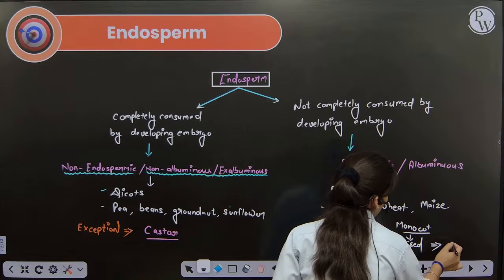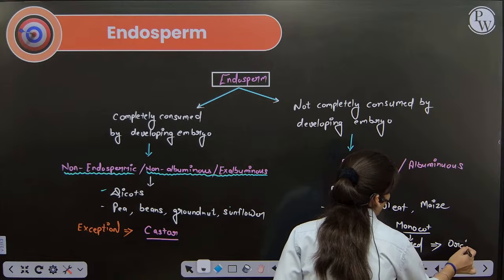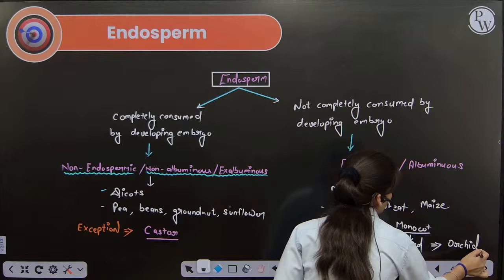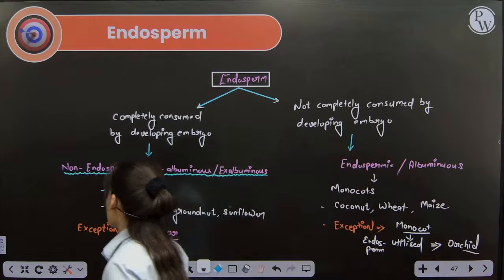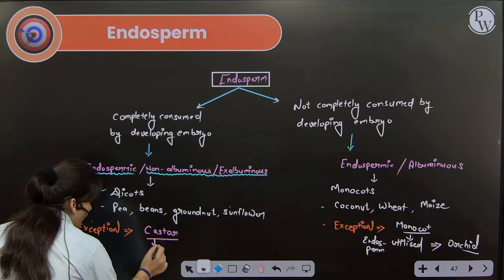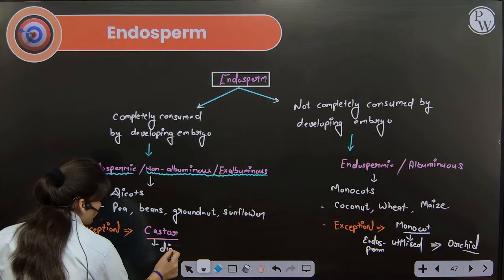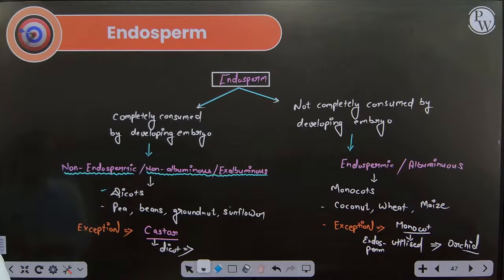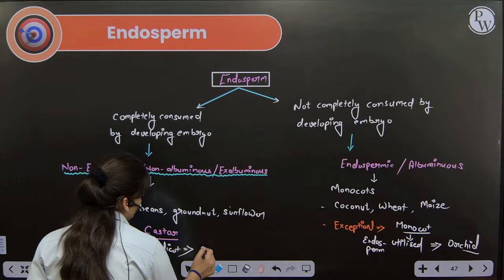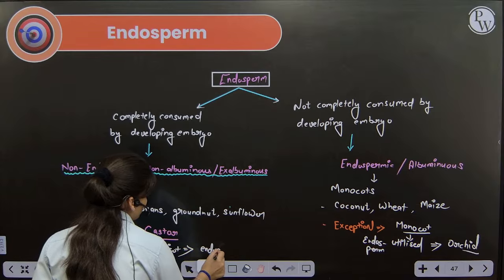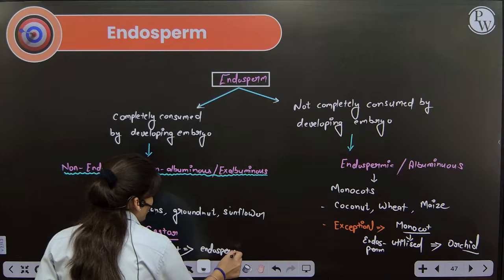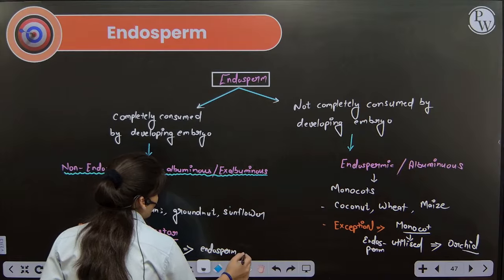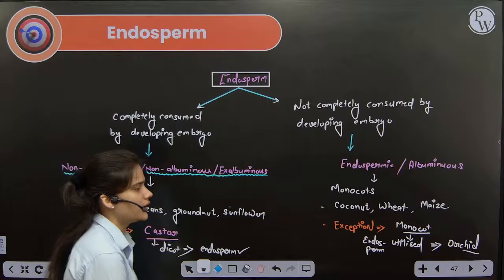That example is orchid. Here castor is dicot where endosperm is still present.